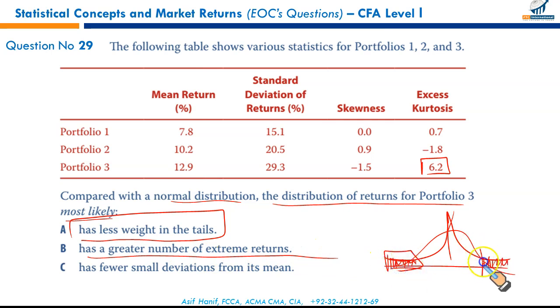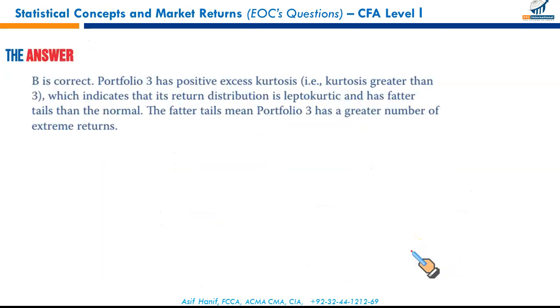Extreme returns will be comparatively more than the normal distribution. It's a simple textbook question. Since portfolio 3 has positive excess kurtosis, its return outliers will be concentrated at the two tails. So it has a greater number of extreme returns, and that makes B the correct option.